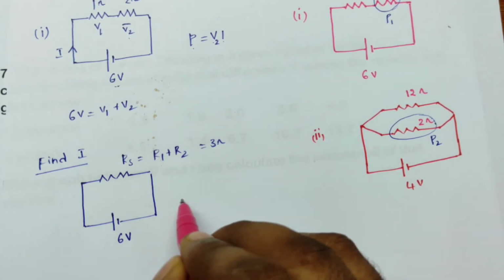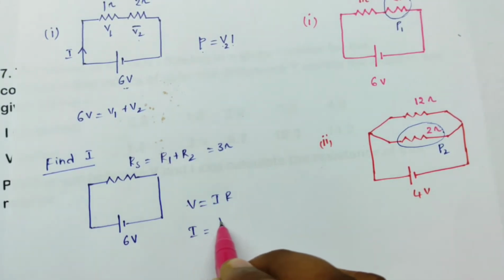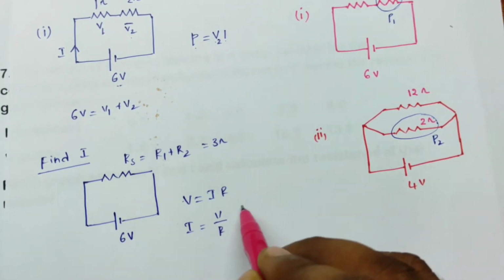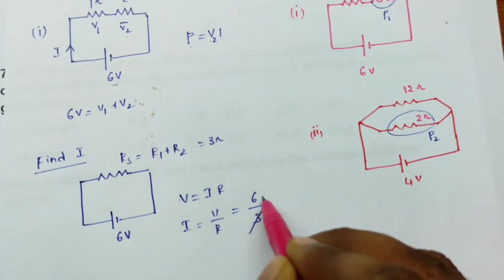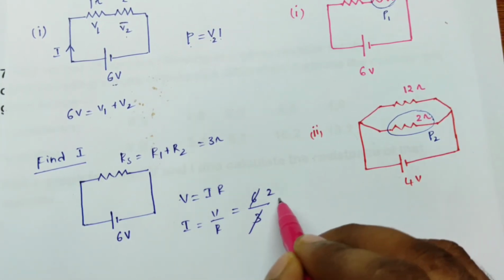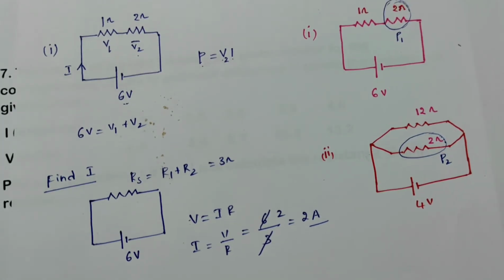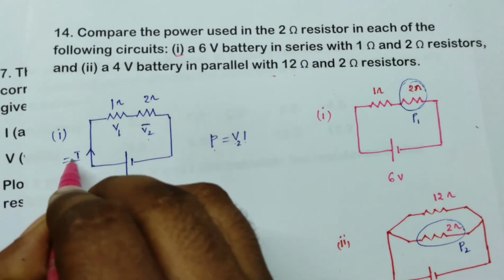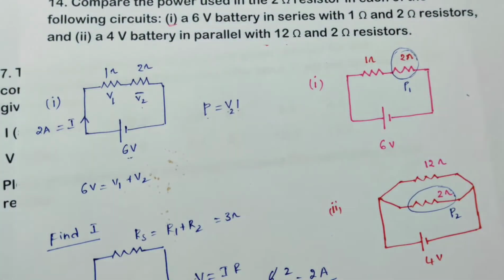By using Ohm's law, V is equal to IR. So I is equal to V by R, which is equal to 6 by 3 ohms. So this is 2, that is equal to 2 amperes. That means we found that this current is 2 amperes. Very good. Now we found the current.